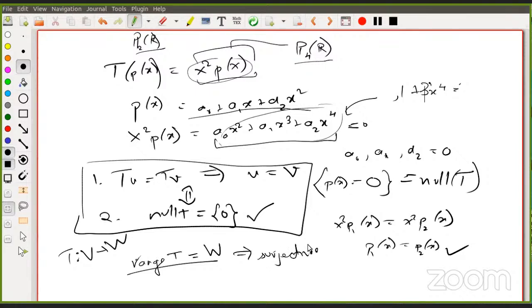In this case, range T is a subspace of W, which here is P1(R). So this map is not surjective. So I hope that clarified. If it wasn't clear, please feel free to enter it in the chat box again.